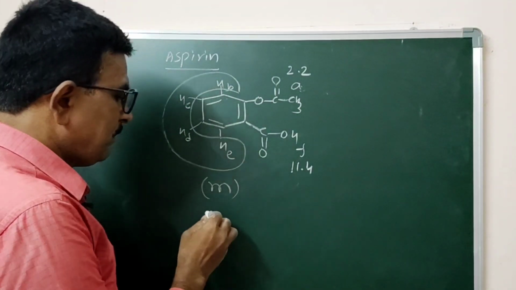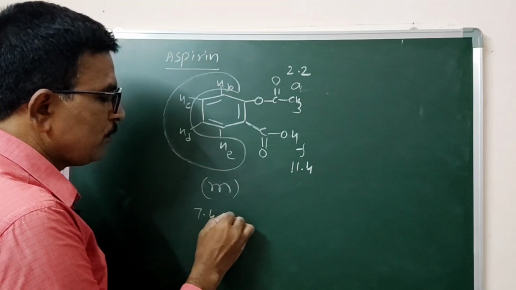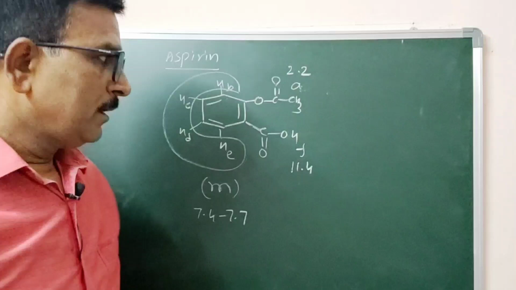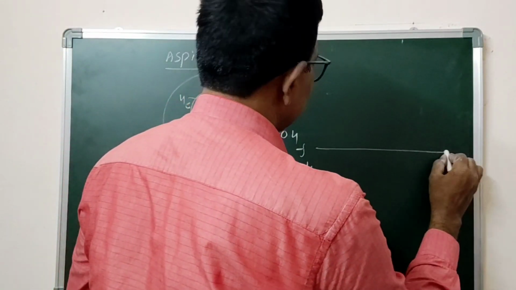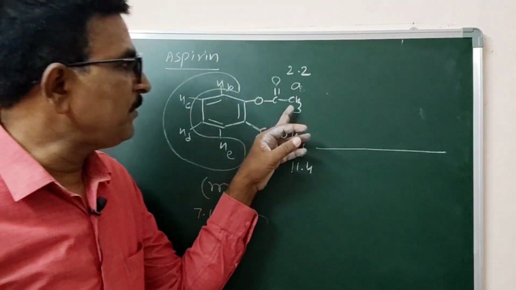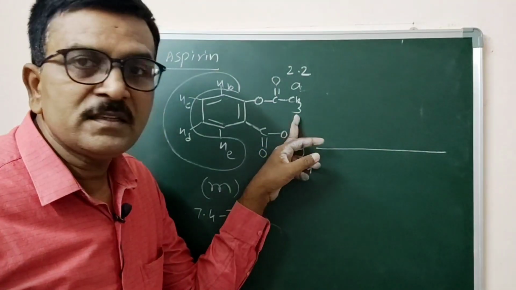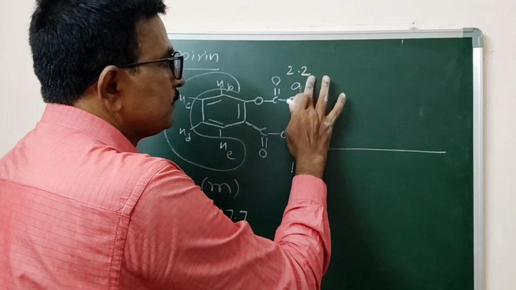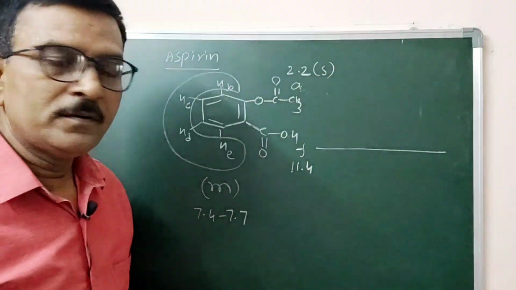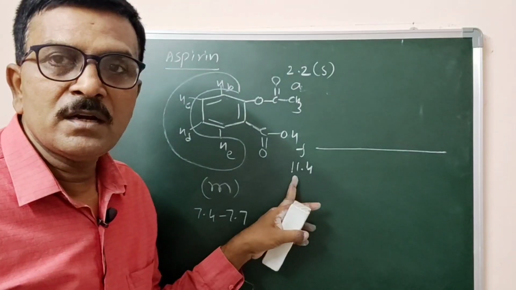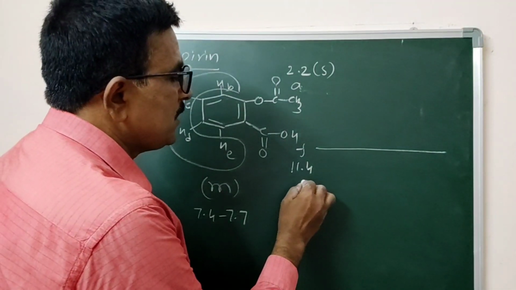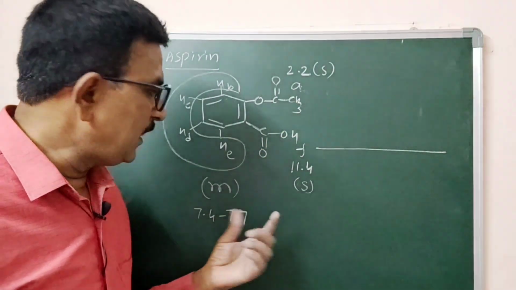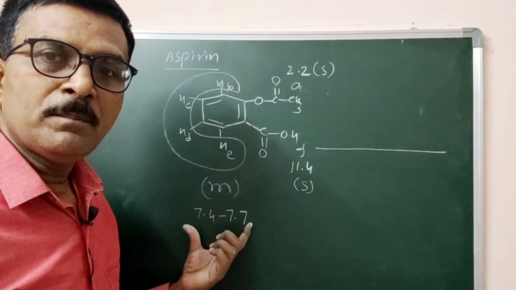And this signal appears between 7.4 to 7.7 ppm as a multiplet. Now, coming to the multiplicity of CH3. The CH3, a set of protons, has no adjacent protons, therefore a singlet. The carboxylic acid proton also has no adjacent protons, therefore a singlet. So, CH3 singlet, carboxylic acid singlet, and aromatic protons as multiplet.